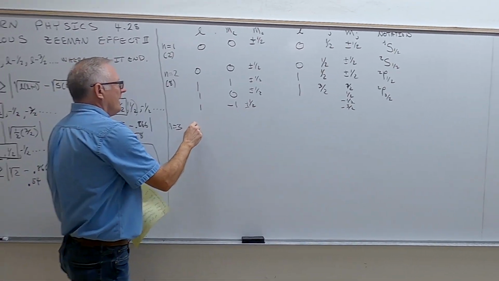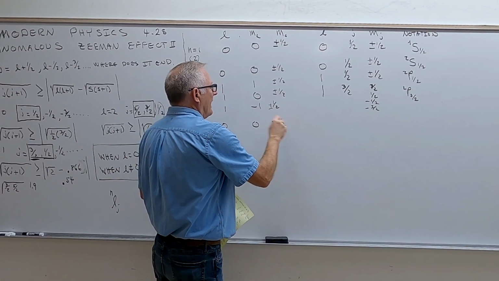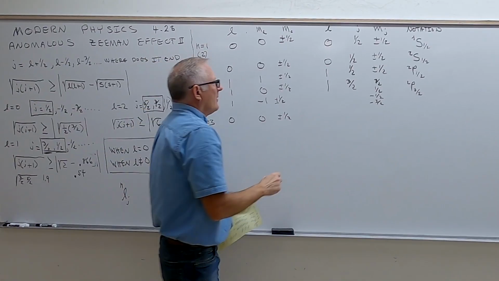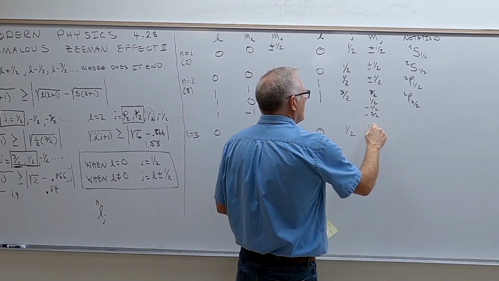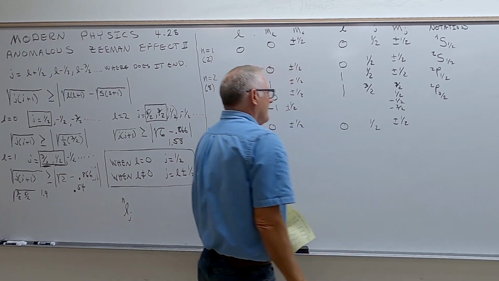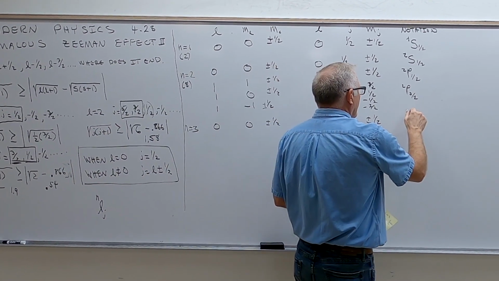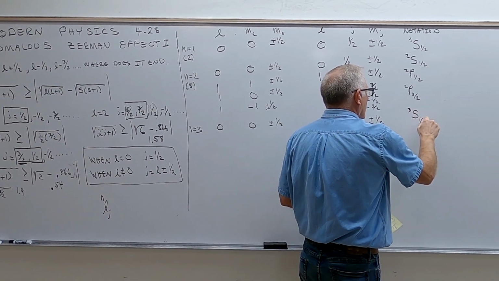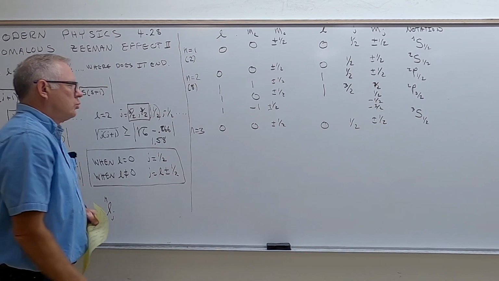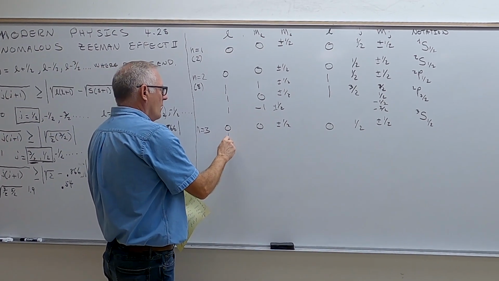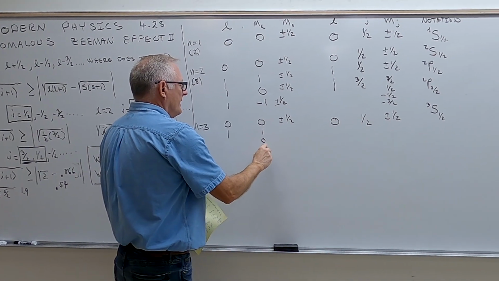Well, you can get L equals 0, 0 plus or minus 1/2. Over here, this is going to also be 0, 1/2 plus or minus 1/2. This state would be the 3s 1/2. Okay, then we could also get the 1. This would be 1, 0, minus 1.